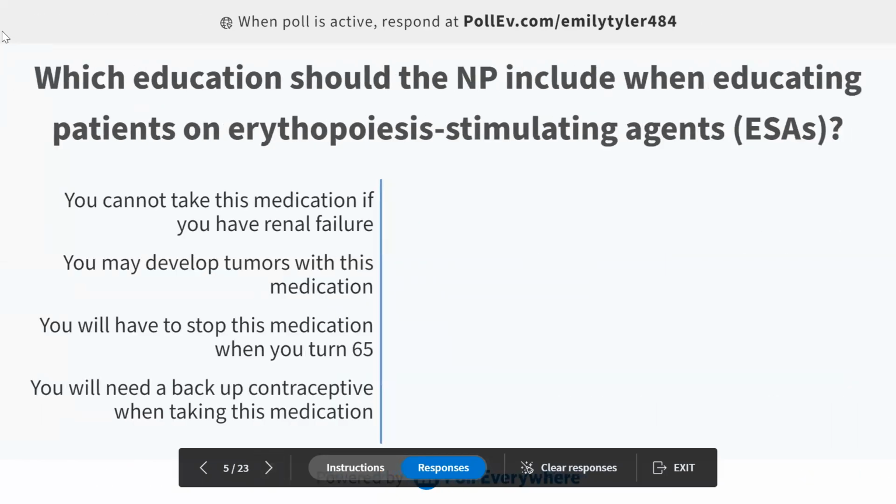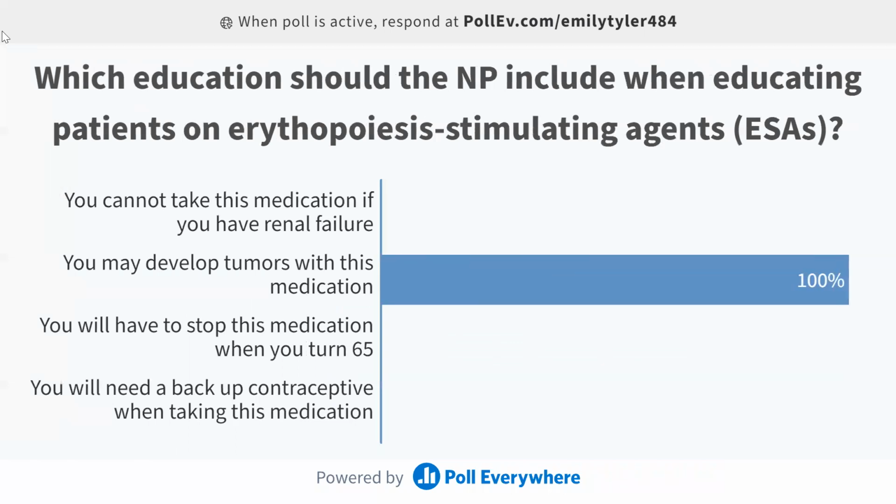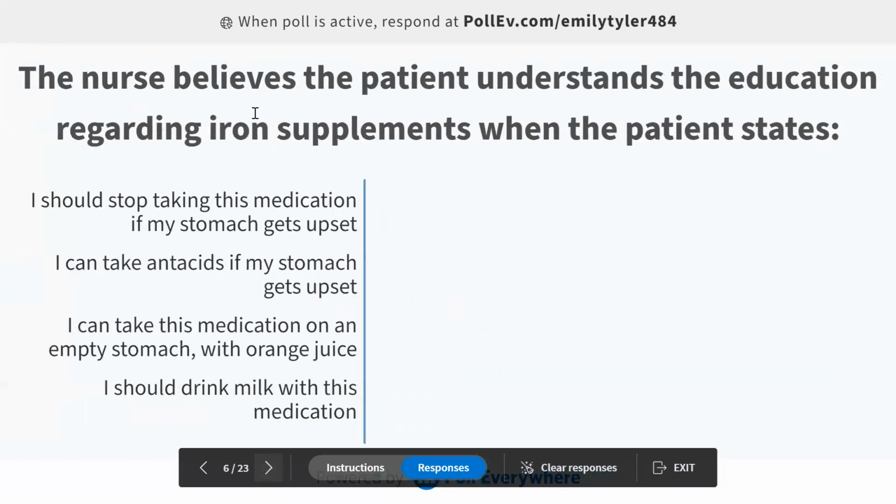What education should you include when you're educating patients on ESAs, erythropoiesis stimulating agents? We know that there is a risk of what? Tumor development in cancer patients if we give them ESA therapy. So specific to cancer patients.